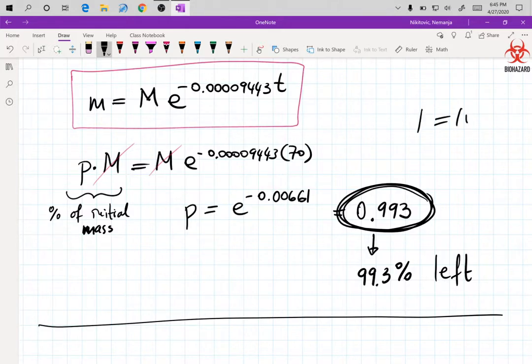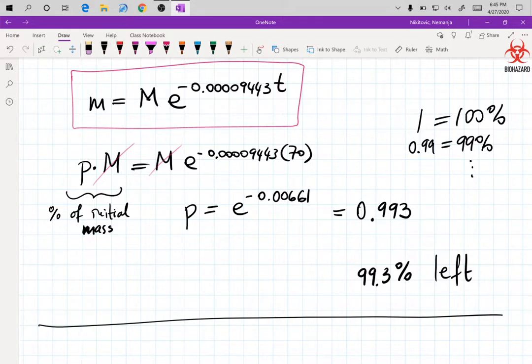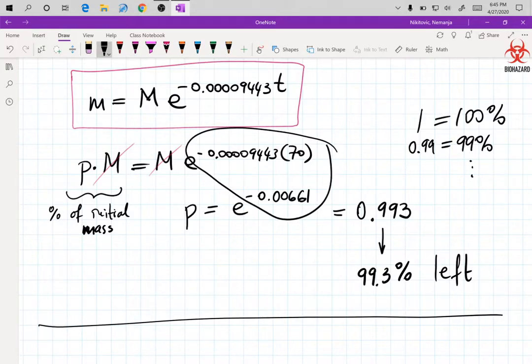1 is 100%, 0.99 is 99%, going down. So I have 0.99, which gives me 99%. And by the way, this calculation, that's that number, right? Why are we multiplying by 70?